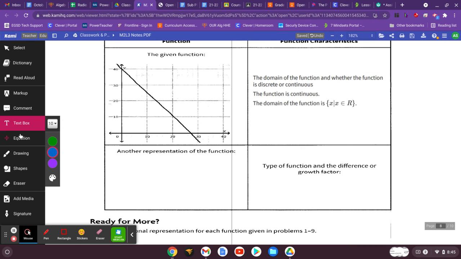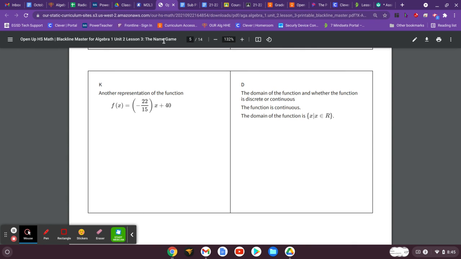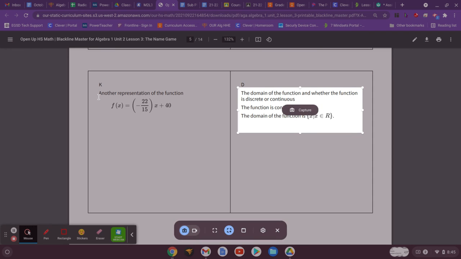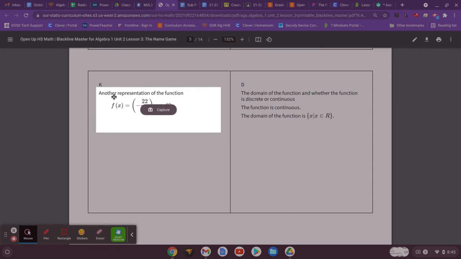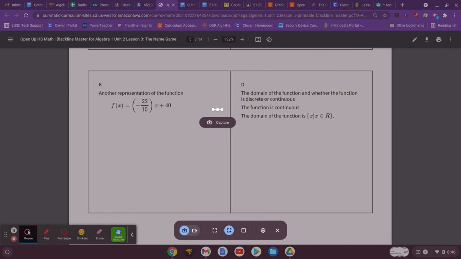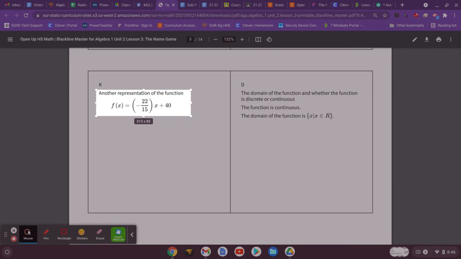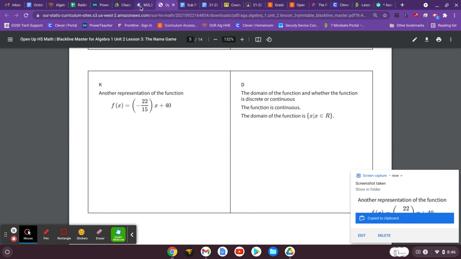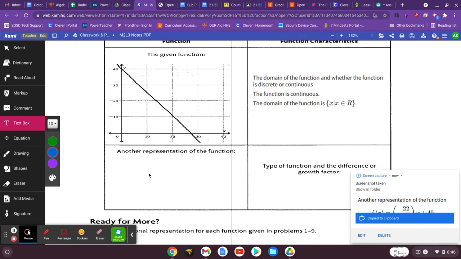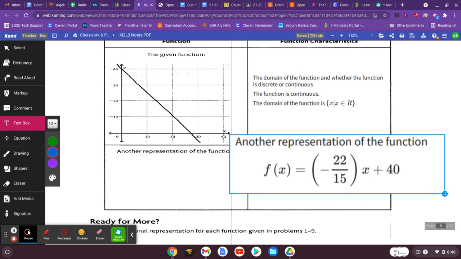All right, so then what's left? We notice we start at 40. There were a couple that had to start at 40, and we are linear. We may not have realized what that common ratio or common difference is, but we know that it's going down, and it is not the 1/4 because we've already used that. And so we're going to trust him on this one, that it is a negative 22/15.